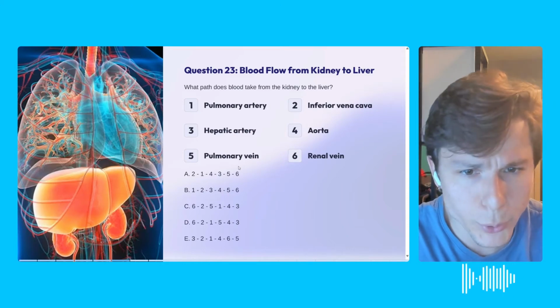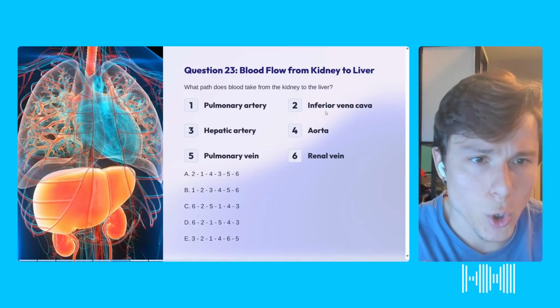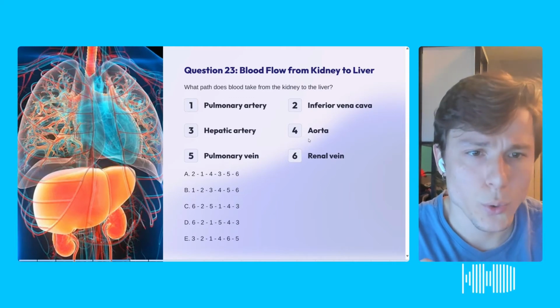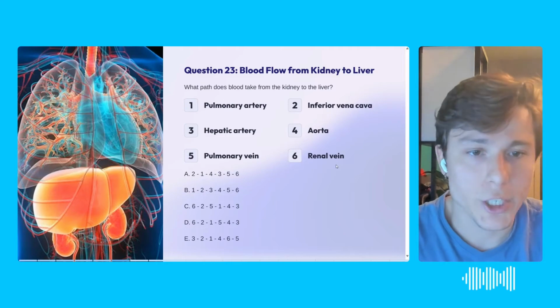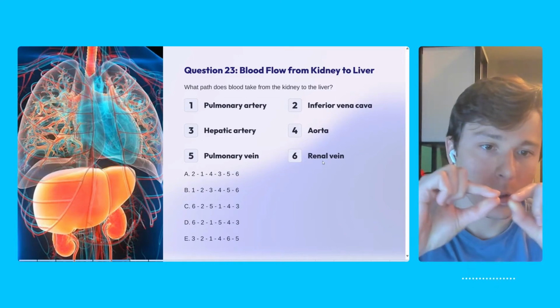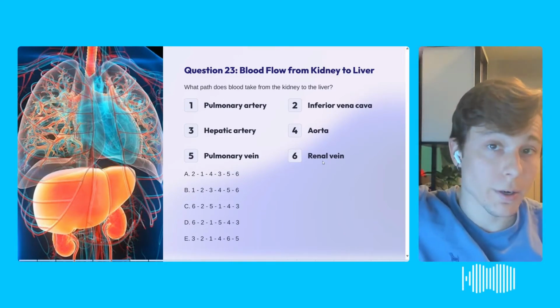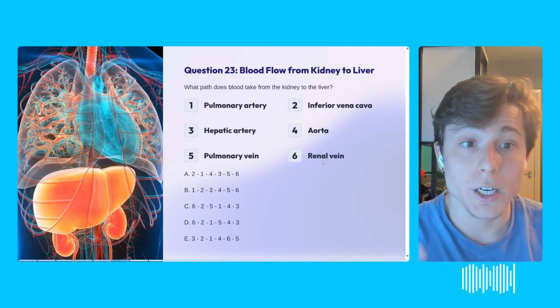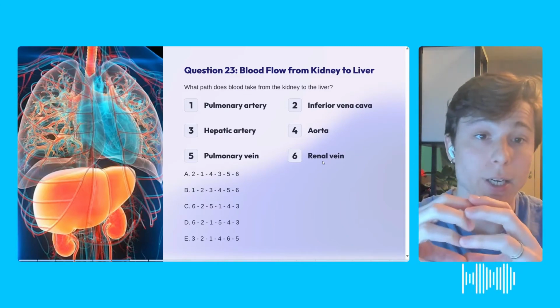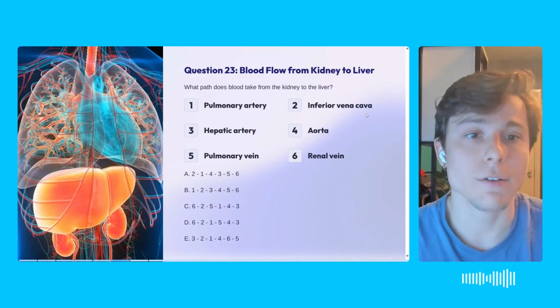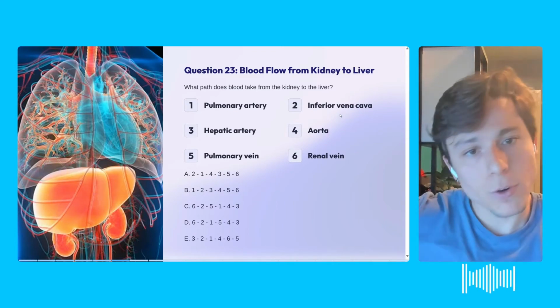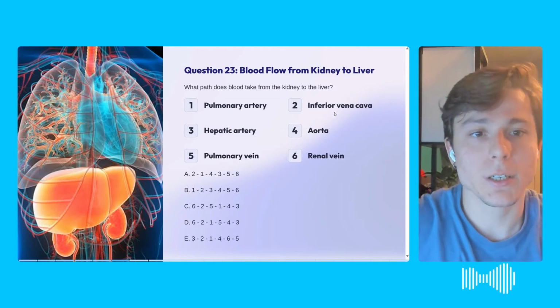Pulmonary vein, no. Inferior vena cava, no. Aorta, no. Renal vein, perfect. So we're going to start with this 6. So the renal vein is not going to go straight to the heart because we have 2 important collectors, okay, big vessels that are called vena cava, okay. So if it's coming from the inferior part of our body, it's going to be called inferior.